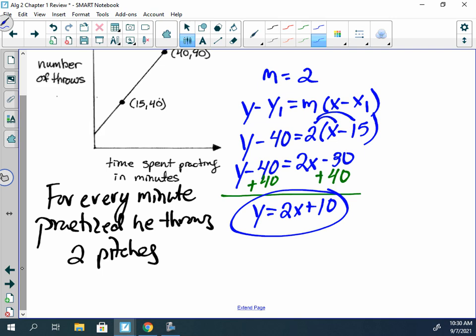Since the x value is minutes, minutes would be 1, 2 throws. If we wanted to say for every 10 minutes, it would be 20 throws.